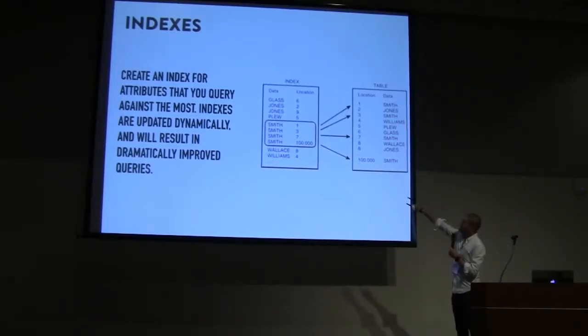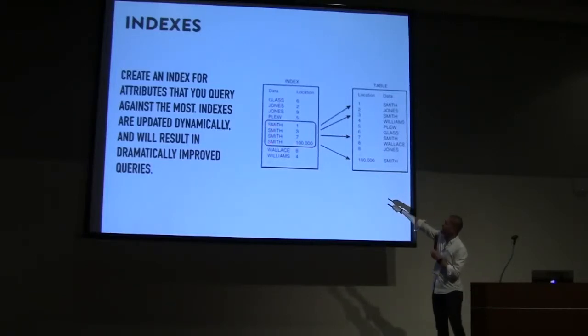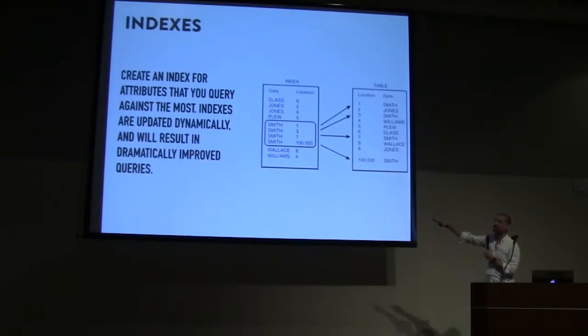Whenever you have an index, it creates a marker for Smith, and it tells the database exactly where in the table those locations are. So whenever you query for Smith, it doesn't have to go through the entire table any longer. It can just query the index, and immediately it knows the locations of those.